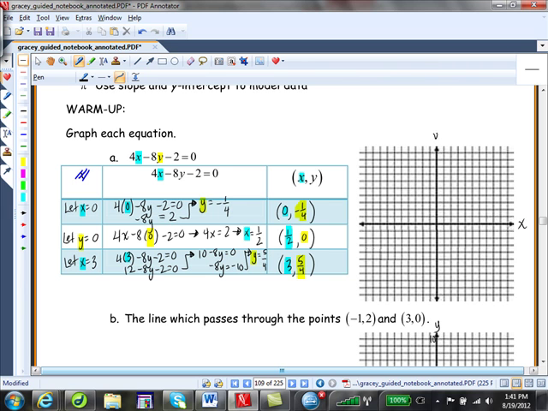So for the axes, this will be 1, 2, 3, 4, and 5. My tick marks are off. And then of course we'll have negative 5, negative 4, negative 2, negative 1.